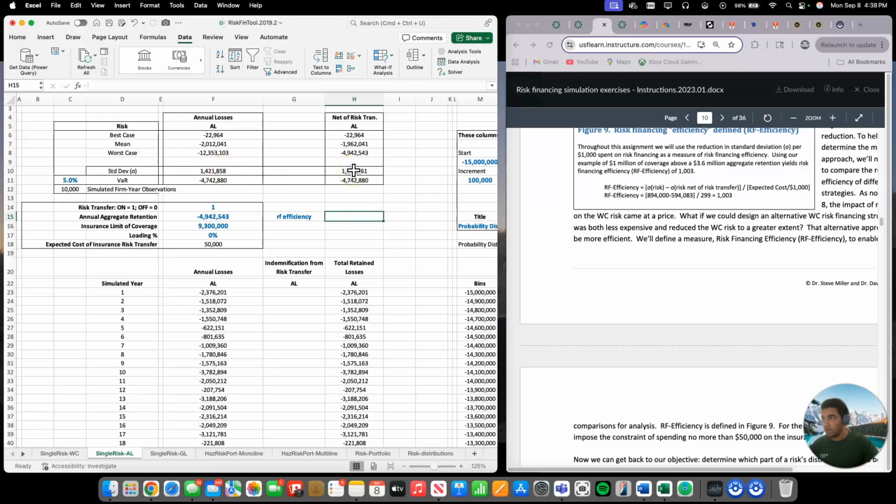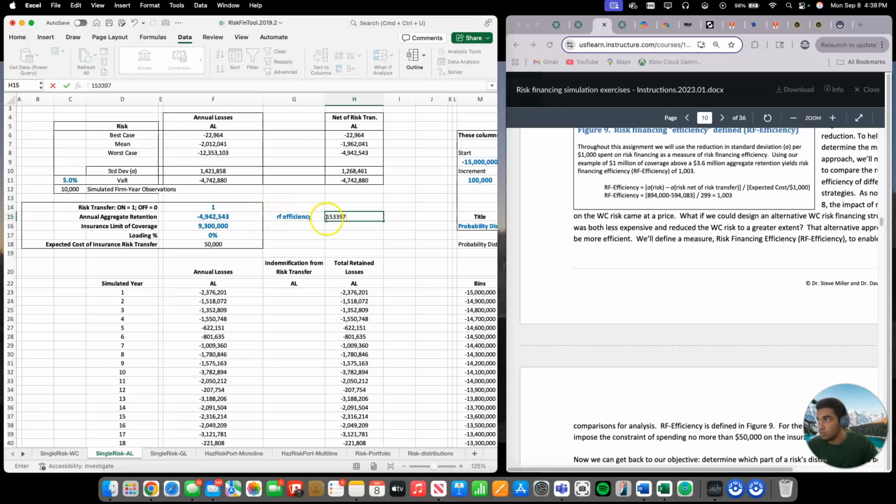So 1421858 minus 1268461. I could have typed that in Excel. I probably should have to make it faster, but that is 153397. That's your RF efficiency, the first part, divided by the expected cost divided by 1,000. Remember, your expected cost will always be 50,000 because that's your budget.